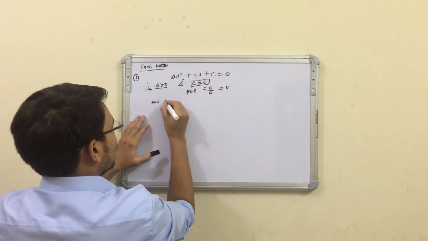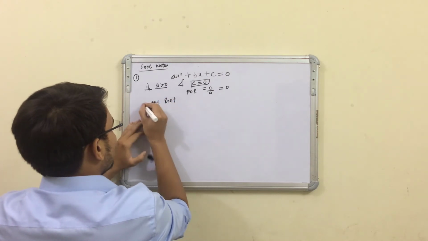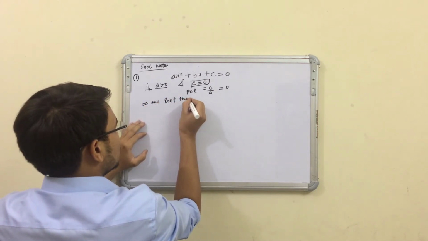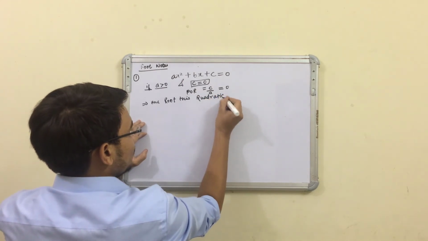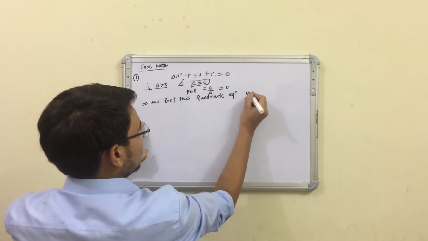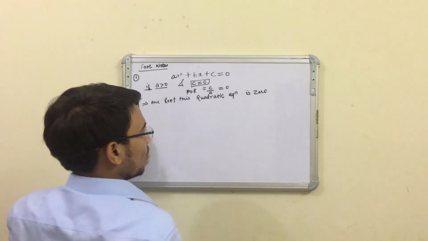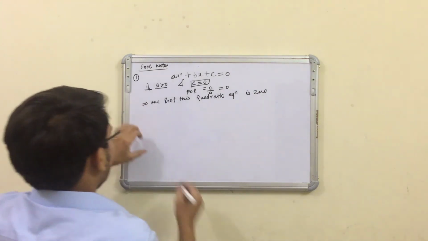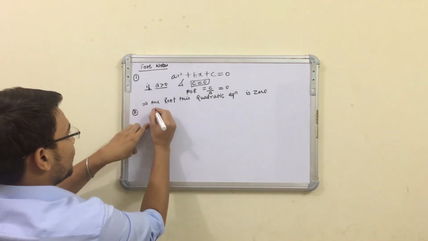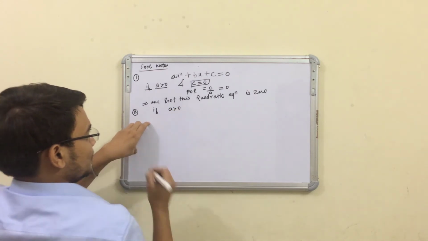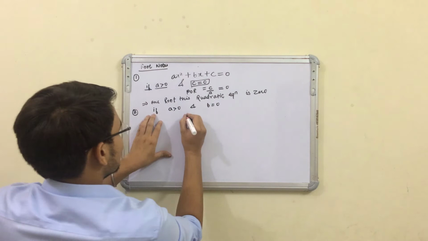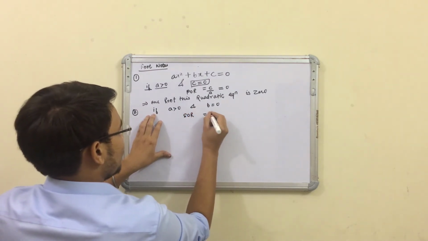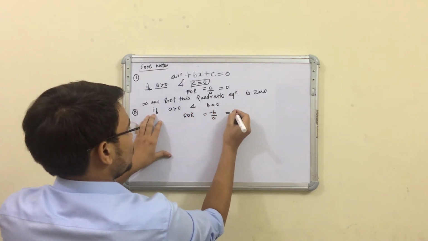So one root of this quadratic equation is 0. Okay, now another point is, if a greater than 0 and b is equal to 0. b equal to 0 means the sum of roots is equal to minus b by a, and it comes out to be 0.